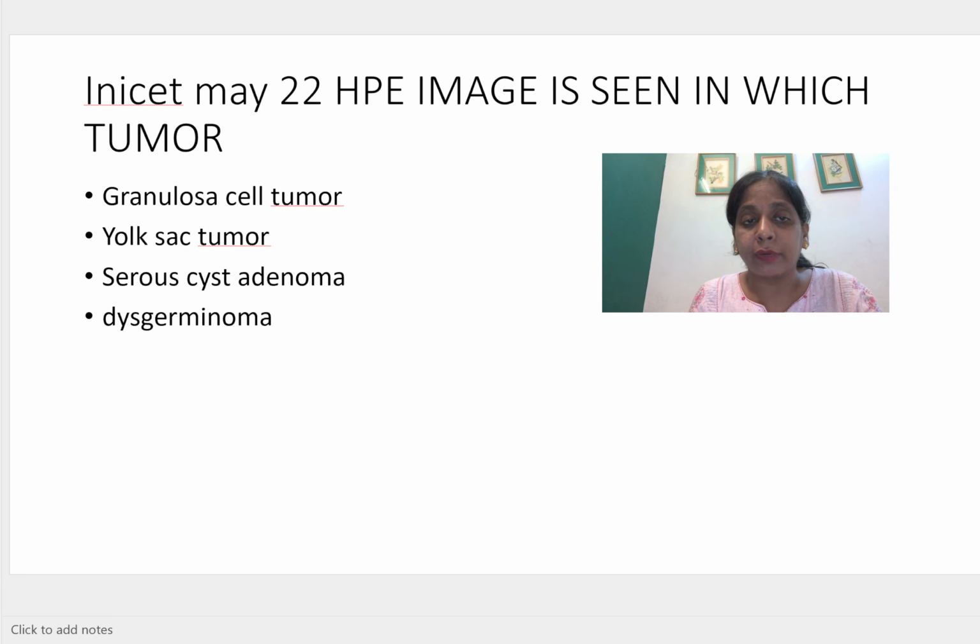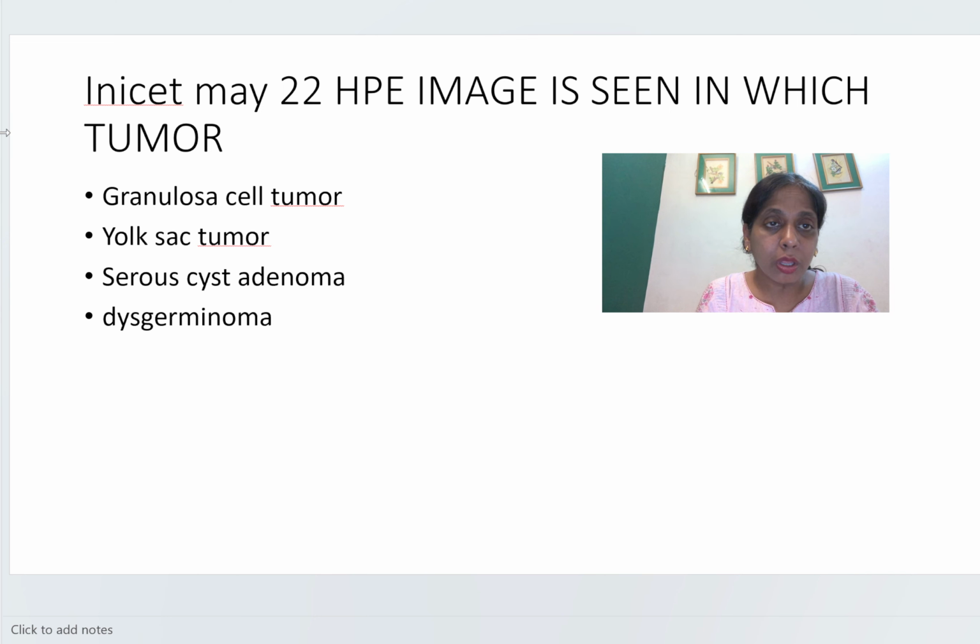So the answer to that was yolk sac tumor. The other name is endodermal sinus tumor, because here the sinuses are seen around the blood vessel, and it is known as yolk sac tumor.